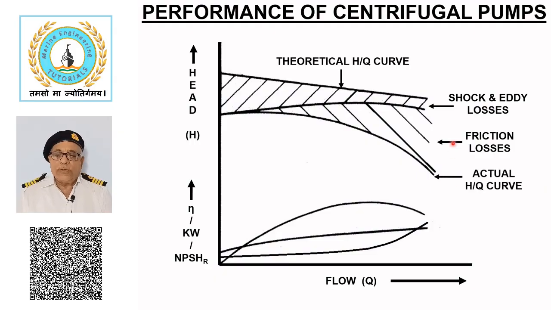Shock and eddy loss together with frictional loss changes the theoretical straight line HQ curve to the actual as shown in the figure. Actual discharge characteristics for a pump is obtained by measuring flow Q against the head H during a test at constant speed.